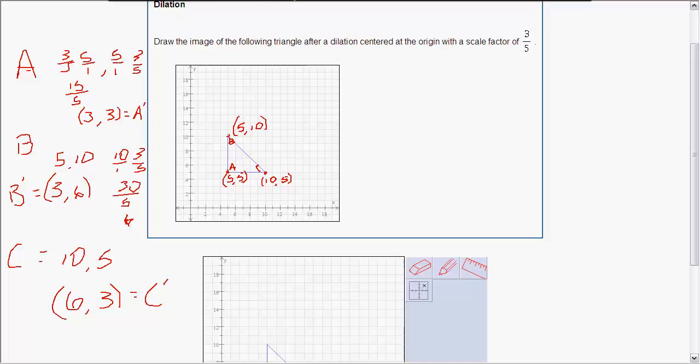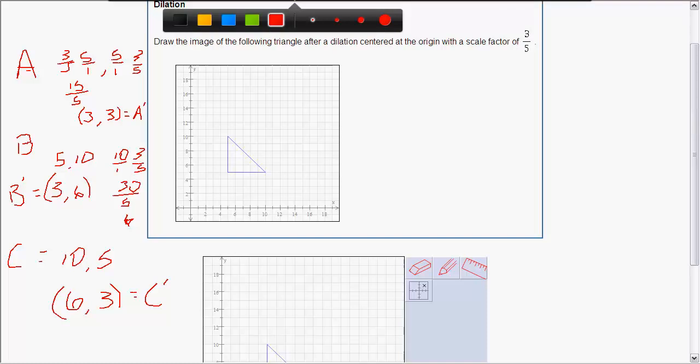So if I look at my final answer, I need to plot those points. Let me get rid of the points in here. I'm going to plot my new points. My first ordered pair is A. A prime is 3, comma 3. So I'm going to 3, comma 3, and I plot my new point. B prime is 3, comma 6.